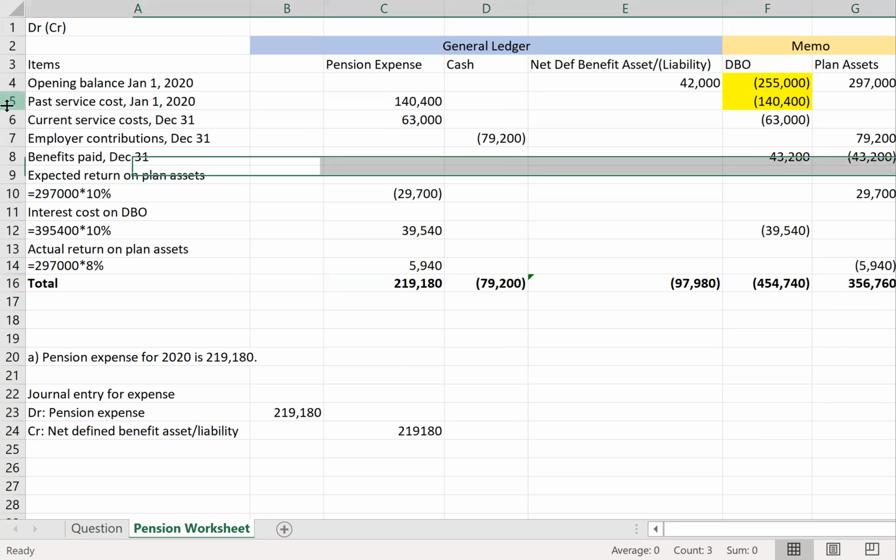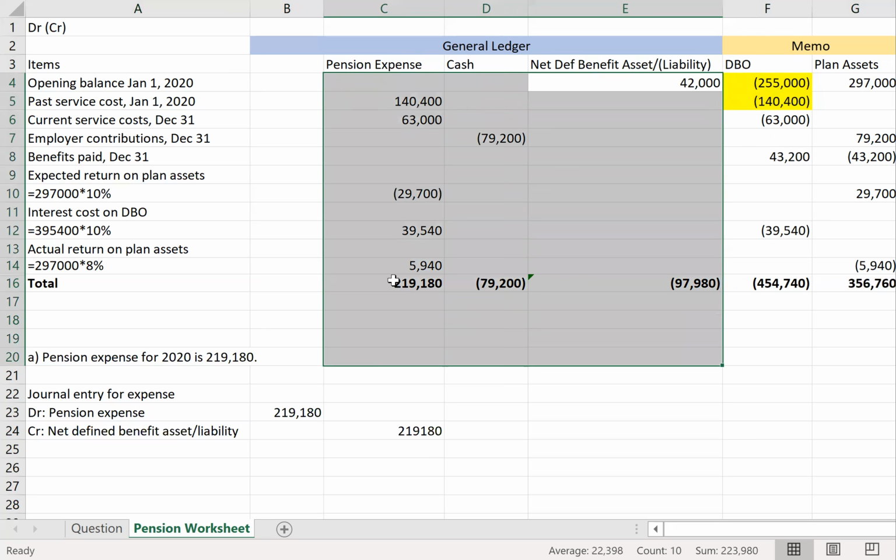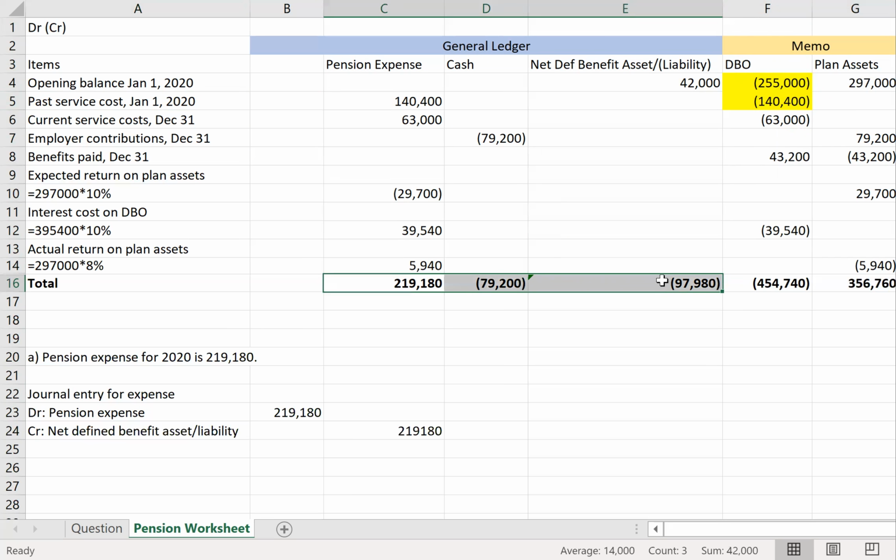Here's an example. Past service costs, we had pension expense and then the DBO. Now, of course, we need to balance our books and records in the plan itself, in the corporation itself. So if we look at our balance sheet here, including the opening balance, we do balance. This balance sheet does balance.